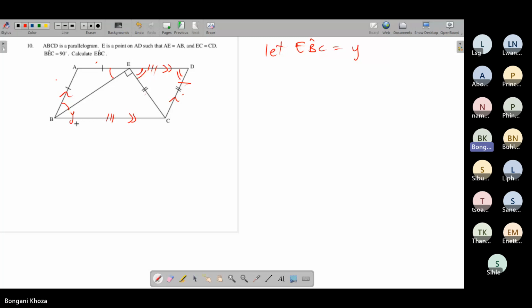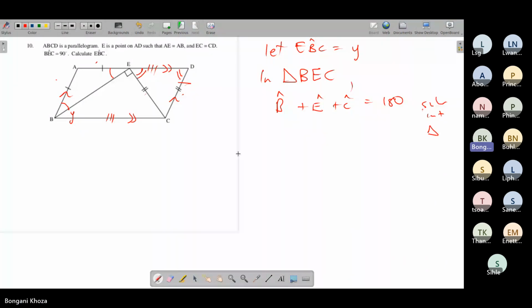Right. So what I know about this triangle is that I can add up the angles and get 180. So I can say in triangle BEC, if I add up angle B plus angle E plus angle C, I'm going to get 180. This is the sum of interior angles in a triangle.